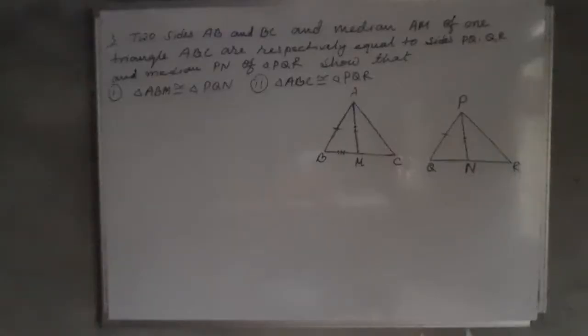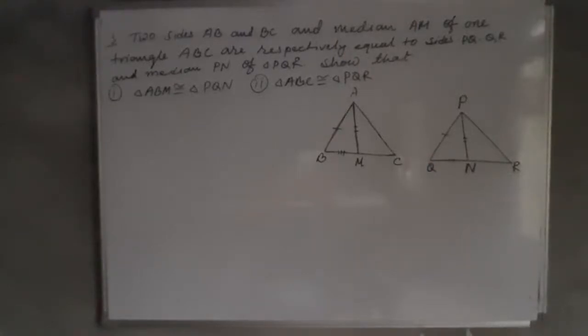So friends, the next question is question number 3. Here the two sides AB and BC and median AM of triangle ABC are respectively equal to sides PQ, QR and median PN of triangle PQR. Show that triangle ABM is congruent to triangle PQN, and that triangle ABC is congruent to triangle PQR.